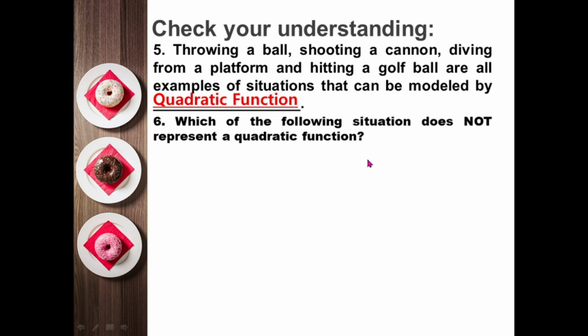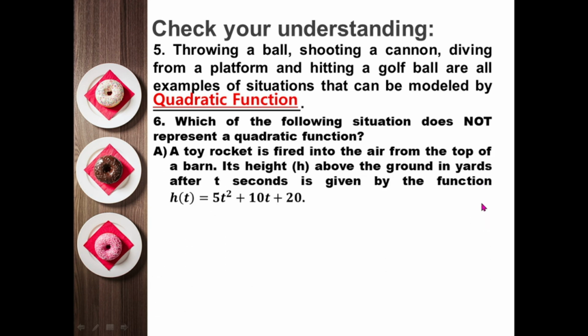Number 6. Which of the following situations does not represent a quadratic function? Letter A. A toy rocket is fired into the air from the top of a barn. Its height h above the ground in yards after t seconds is given by the function h of t is equal to 5t squared plus 10t plus 20.